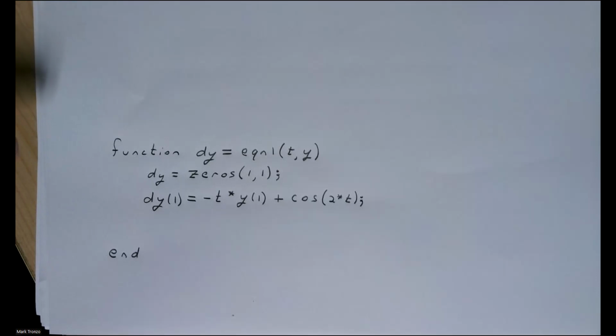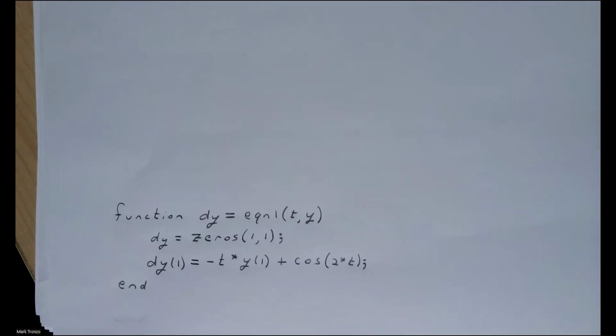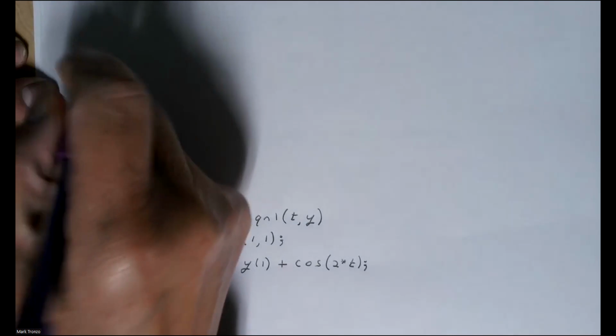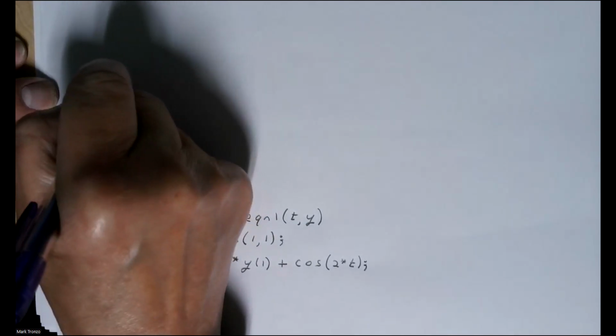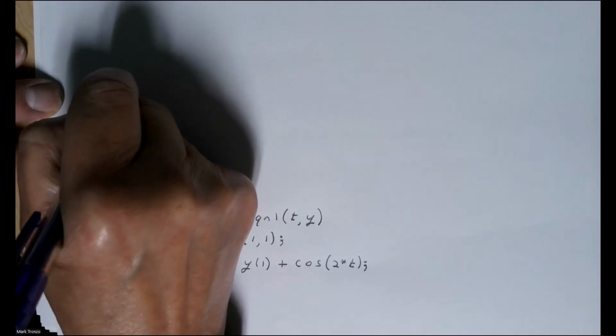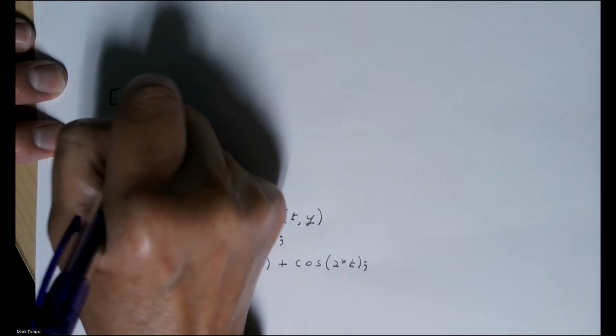Now we're going to write the basic code itself, so let's go back up to the top of the page. We're going to call this differential equation and solve it. Early in the code, put the square brackets with t and y.